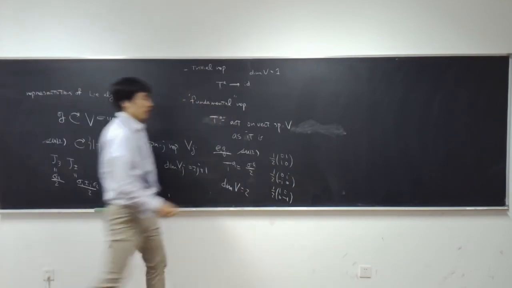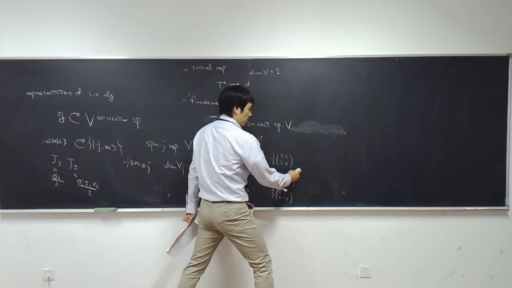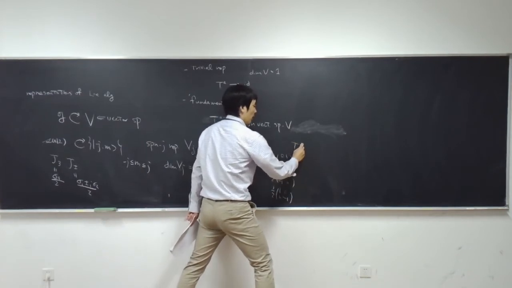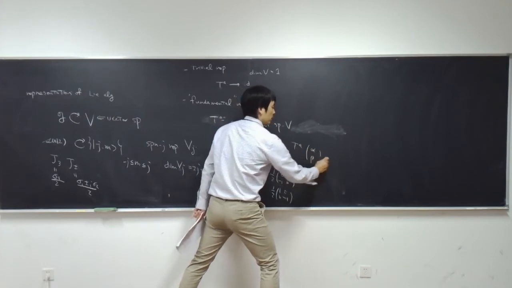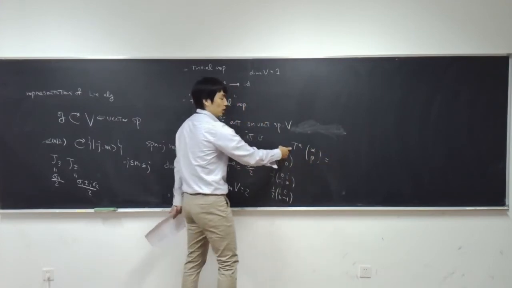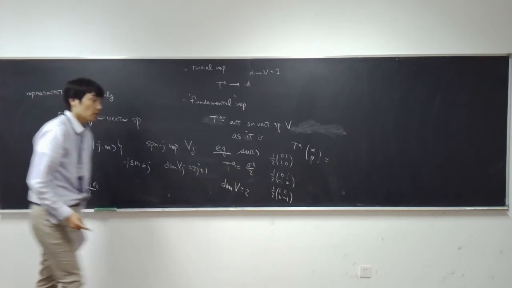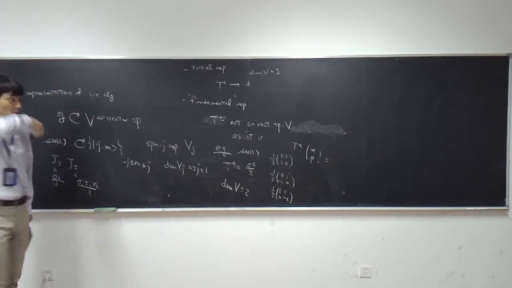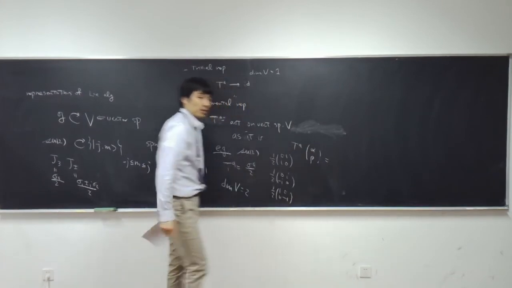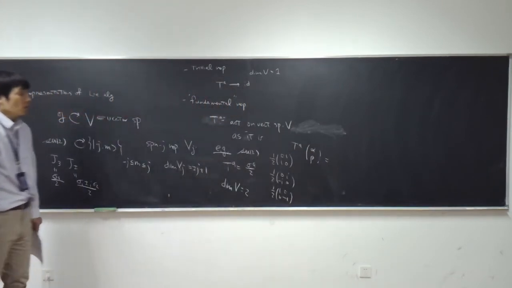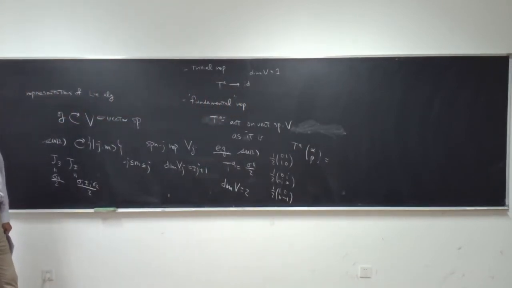So T^a acts on some alpha and beta as a matrix. So this matrix acts in this way, and so on.